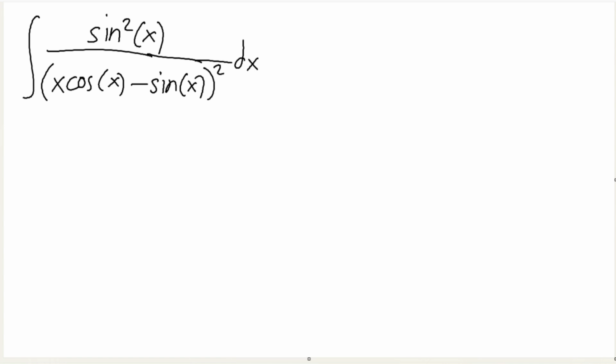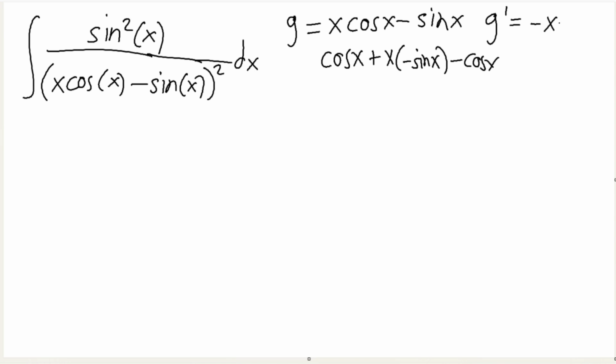Oh god, this looks like a mess. This is monstrous. Okay, so quotient rule, I see. So g is equal to x cosine of x minus sine of x. Then g prime is equal to, let's see, so it's negative x sine of x.